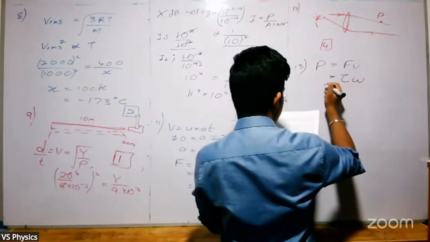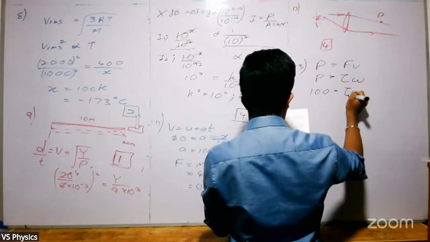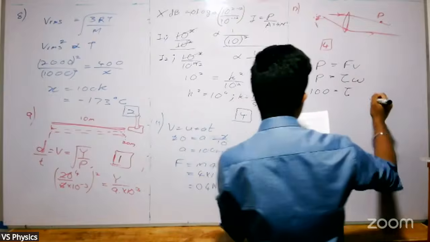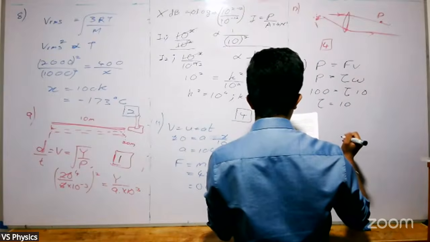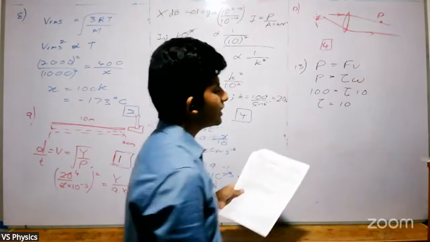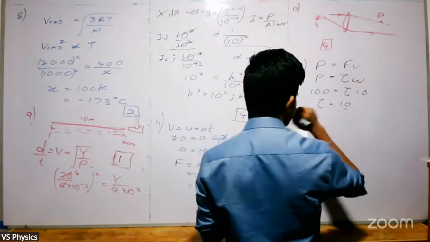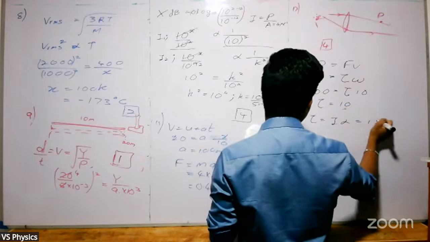We know the power is 100, and we know omega, which is 10. So tau will be equal to 10. Tau equals I alpha, which is equal to 10.